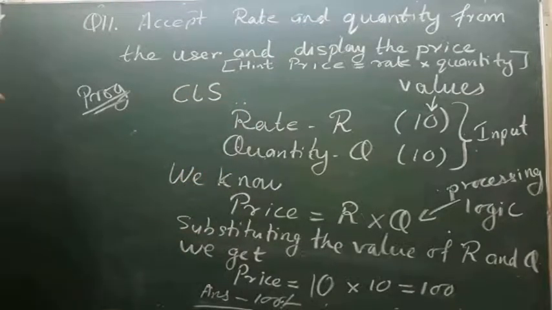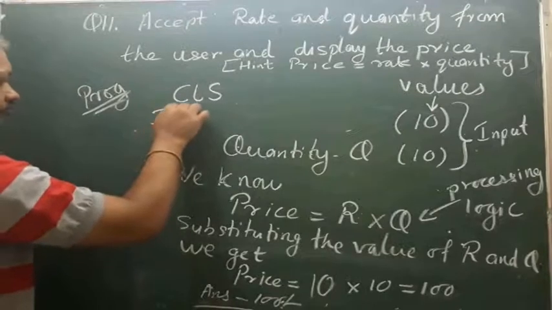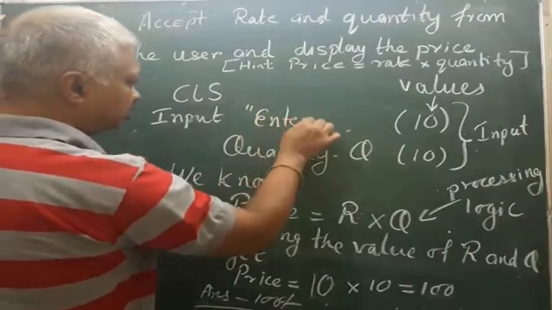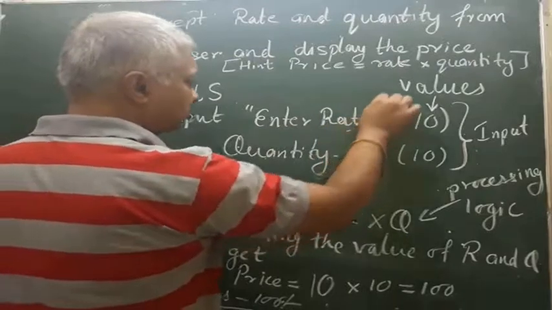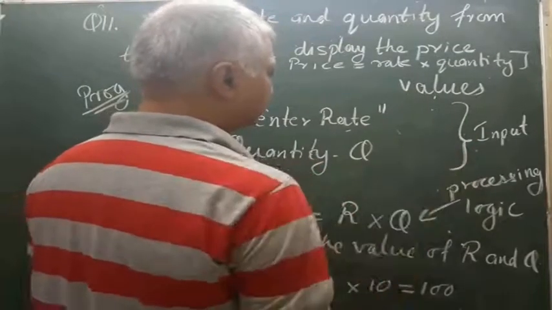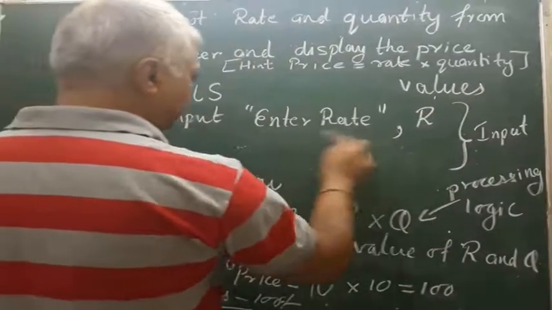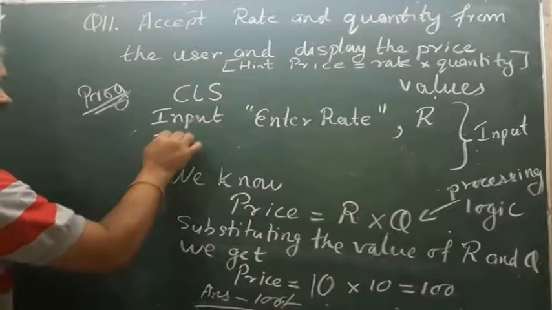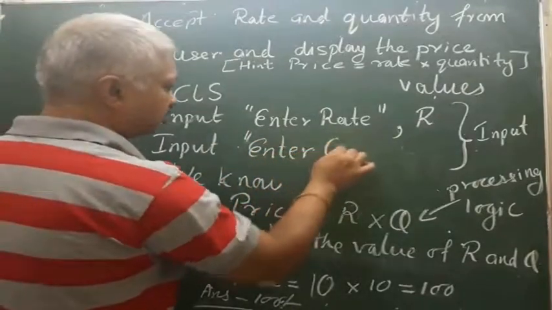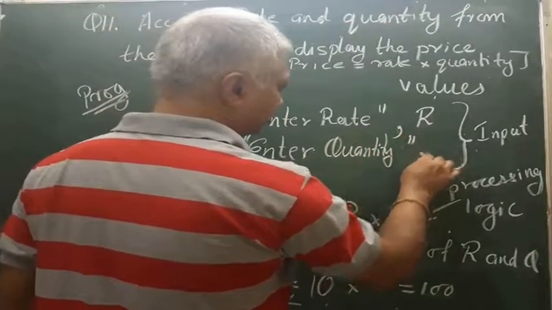For this, I'll write input, enter rate R, then input, enter quantity Q.